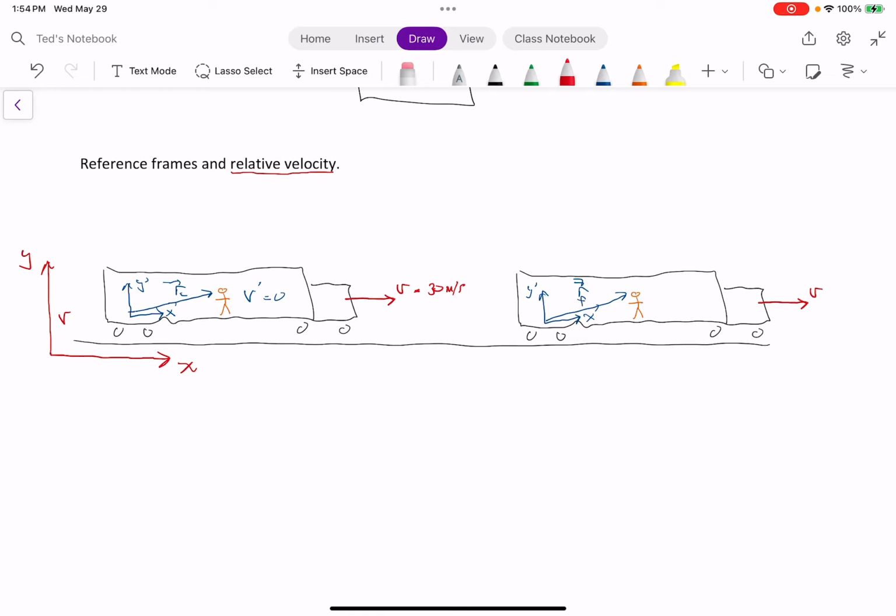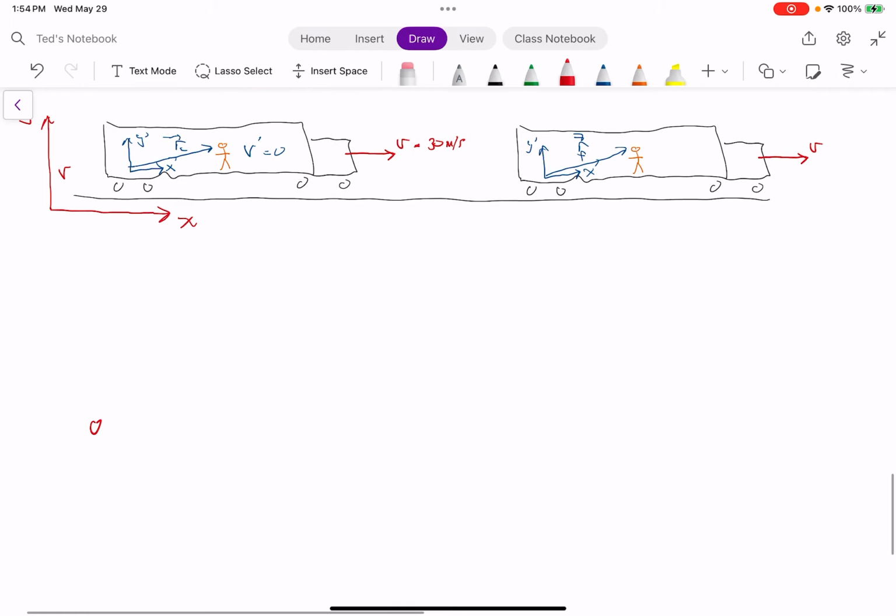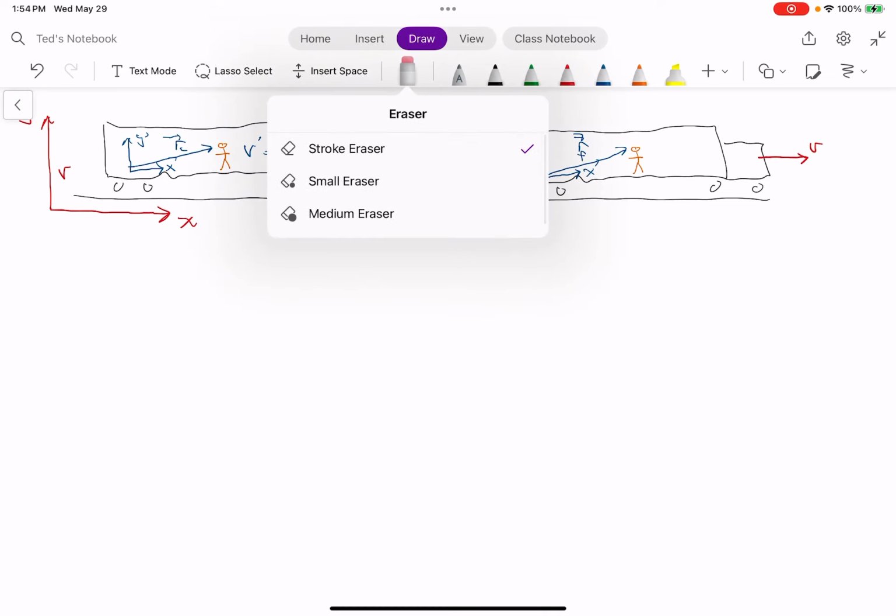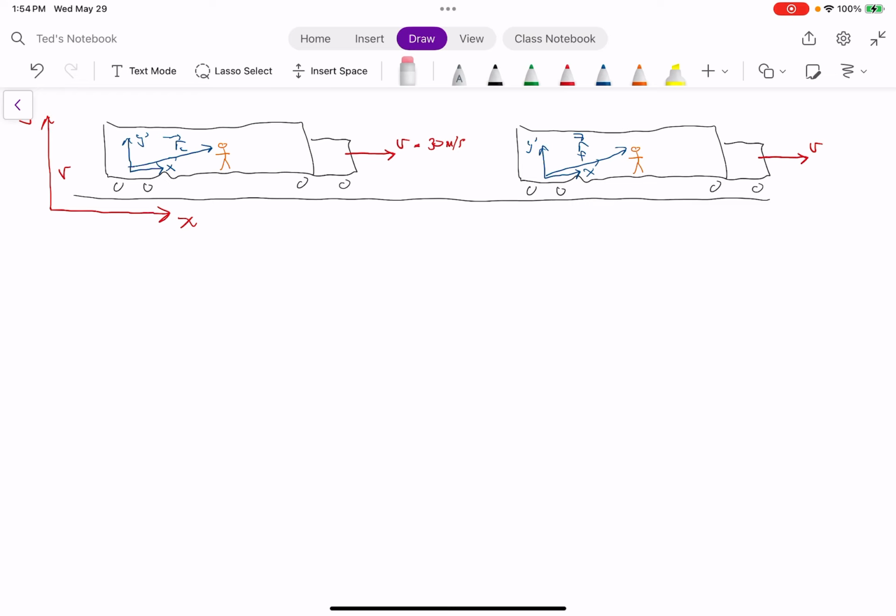Now, what's really interesting then is if we have two different coordinate systems, how can we compare the two velocities? So let's say instead of standing still in the truck, let's say that he's actually moving in the truck. Maybe he's moving at 3 meters per second inside the truck. And so his velocity inside the truck is 3 meters per second.